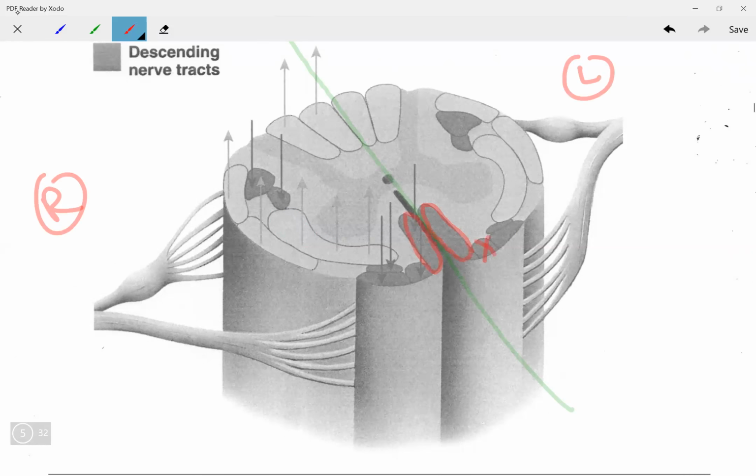Okay, so this guy and this guy are the same. These and these are the same. All right, these guys and these guys are the same. Just for simplicity reasons, we'll just look at one side of the cord even though it's the same on both sides.